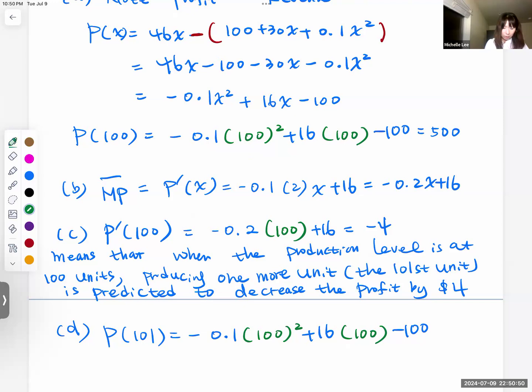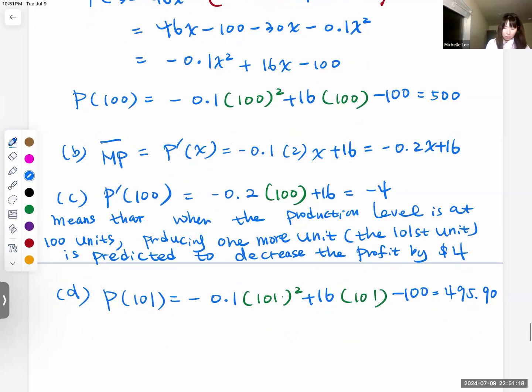Okay, so 101. Okay, then we get $495.90, same, right? We talk about the money. Keep the two decimal places.